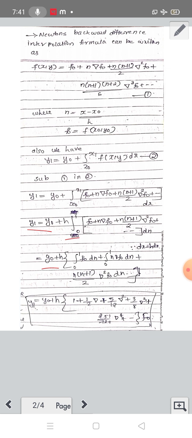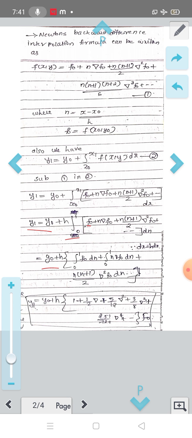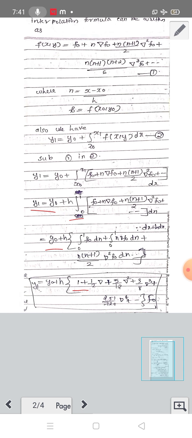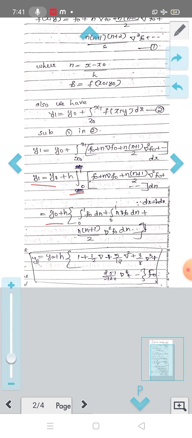Here, integral from 0 to 1, f0 is a constant and integral dn will give you n, and substituting the limits you will get 1. In the next term we will get n square by 2, and substituting the upper and lower limits we will get 1 by 2 del, with f0 taken commonly outside, and plus etc. So the higher terms are also given here.